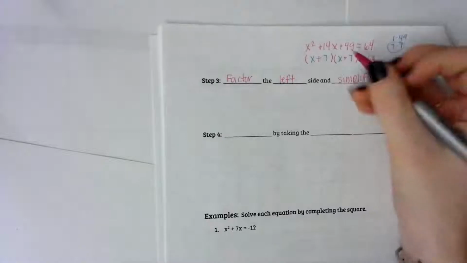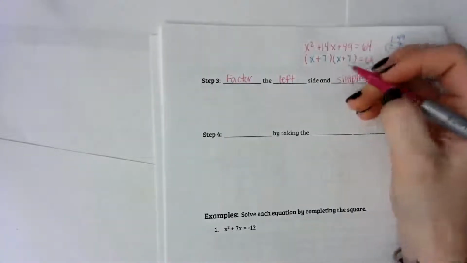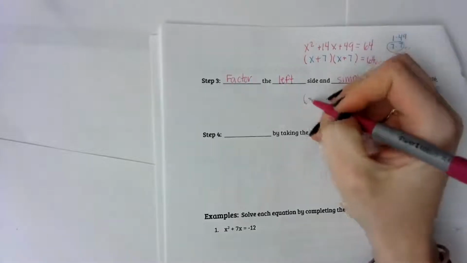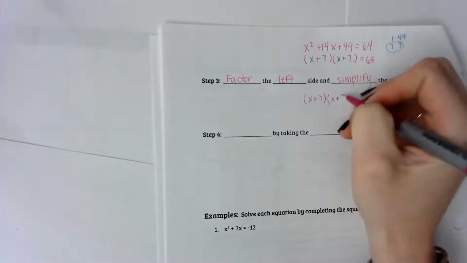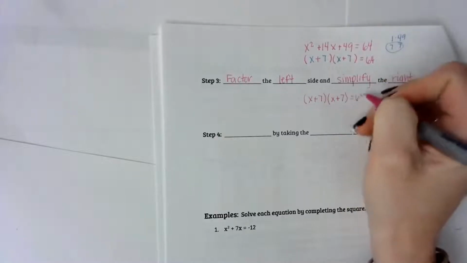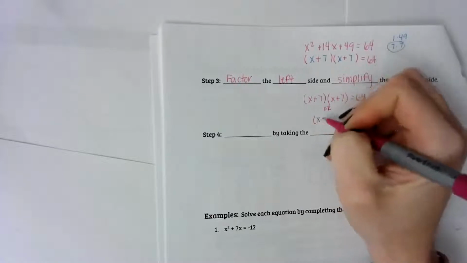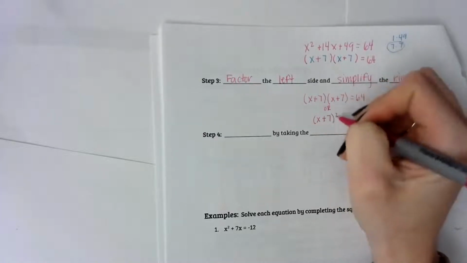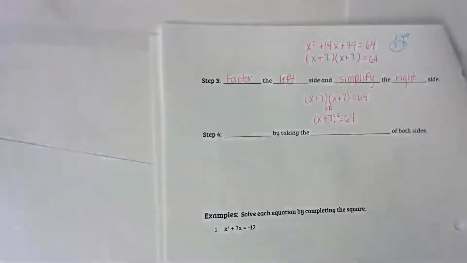So right now we've got this x plus 7 times x plus 7 equals 64. Or you can write that as an x plus 7 squared equals 64. And that's how you should write it.